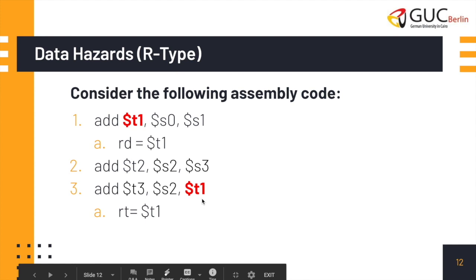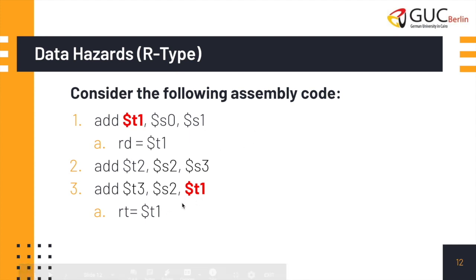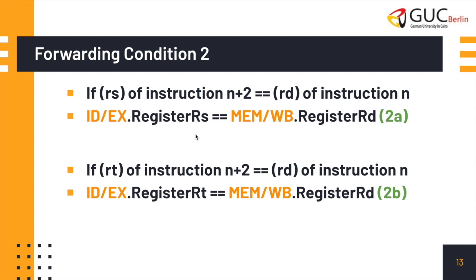Therefore, I have a dependency because RT here is equal to RD here. The RT of instruction 3 is equal to the RD of instruction 1. Therefore, we have the second condition, which is 2b, the second half of forwarding condition 2. I'm checking if register RT of instruction n plus 2 is equal to register RD of instruction n.